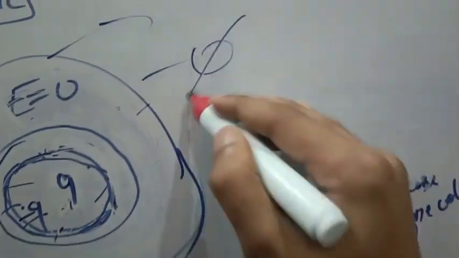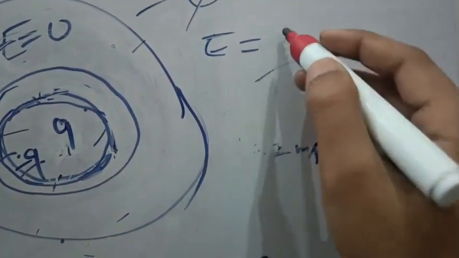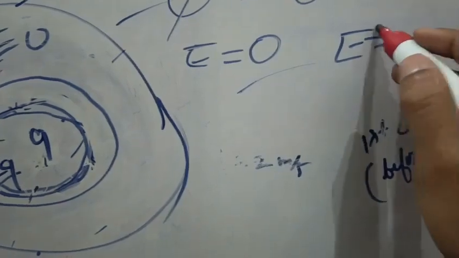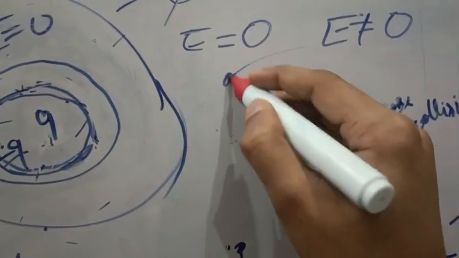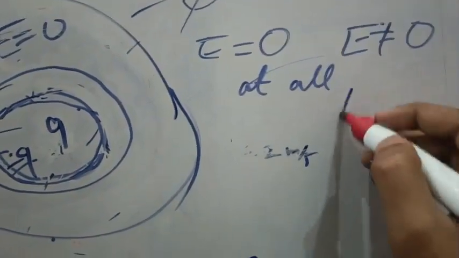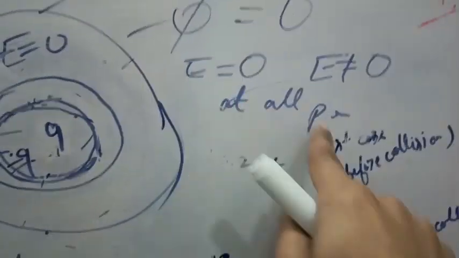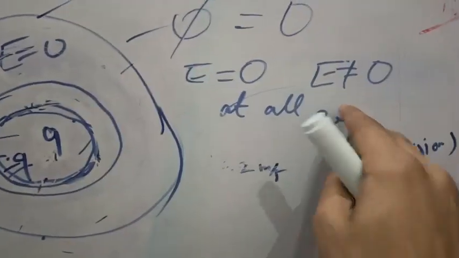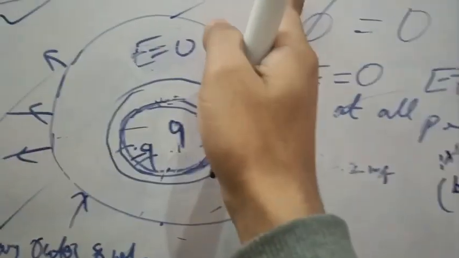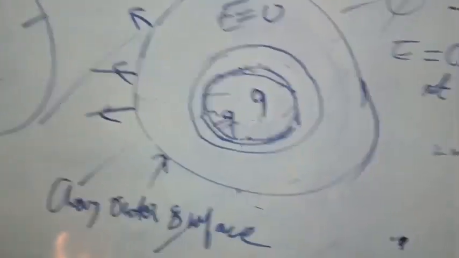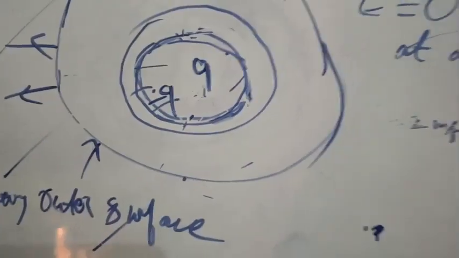If flux is 0, then it is possible that E is 0 everywhere, or it is also possible that E is in this direction at some positions and in the opposite direction at other positions.